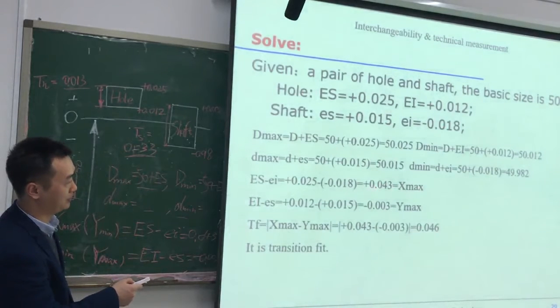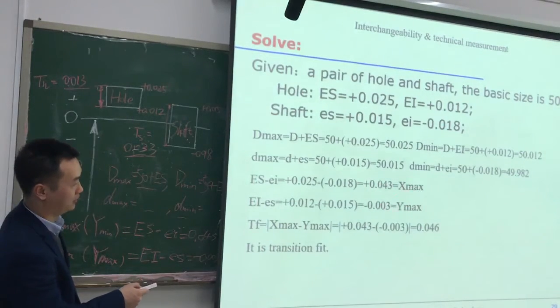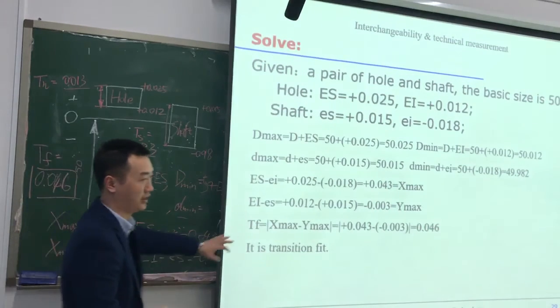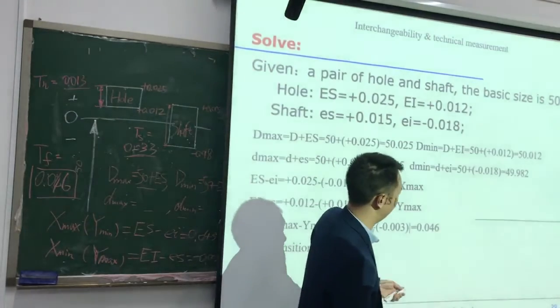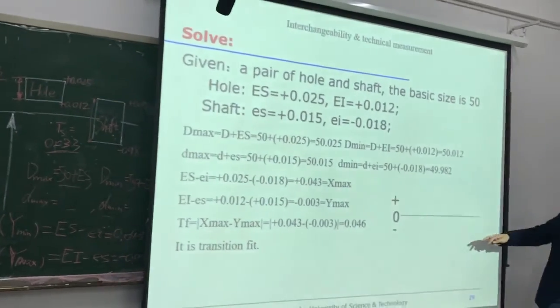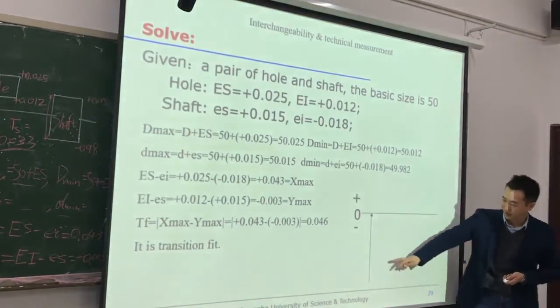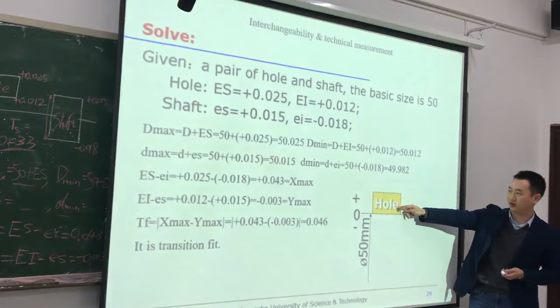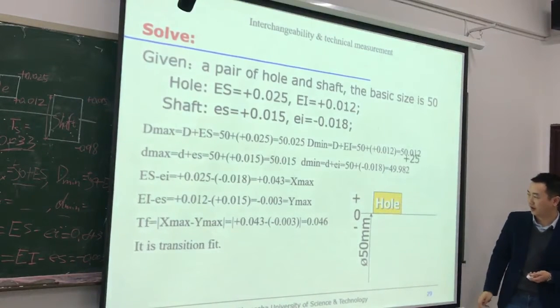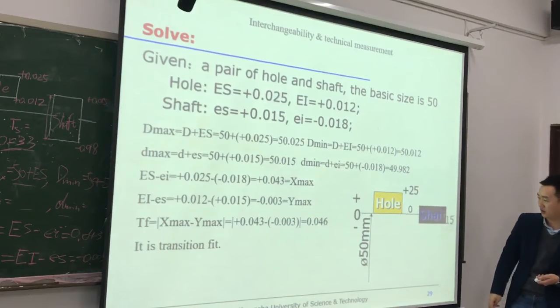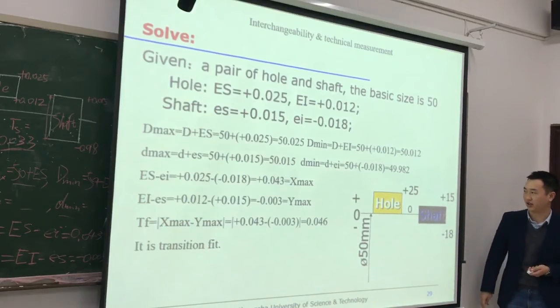The maximum clearance, the maximum interference, and we can get the variation of the fit, and it's a transition fit. And for the graph, first draw the zero line and put the signs here, indicate the basic size, and draw the tolerance zone for the hole. And then the tolerance zone for the shaft. You can then get the result.